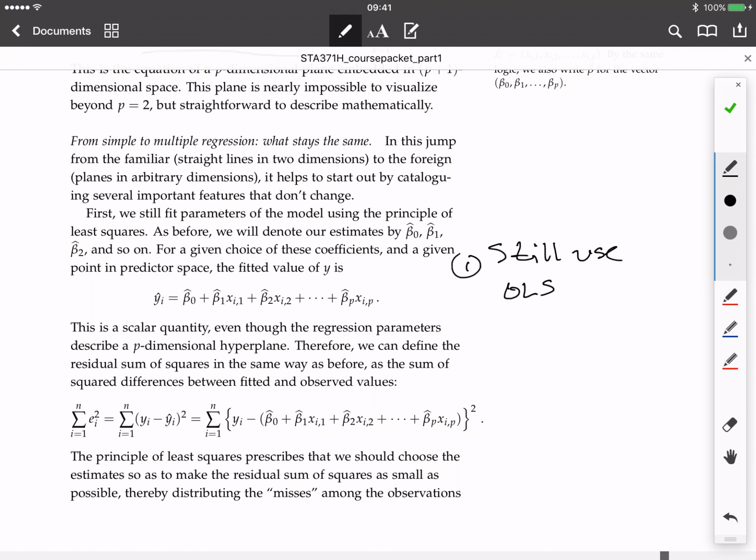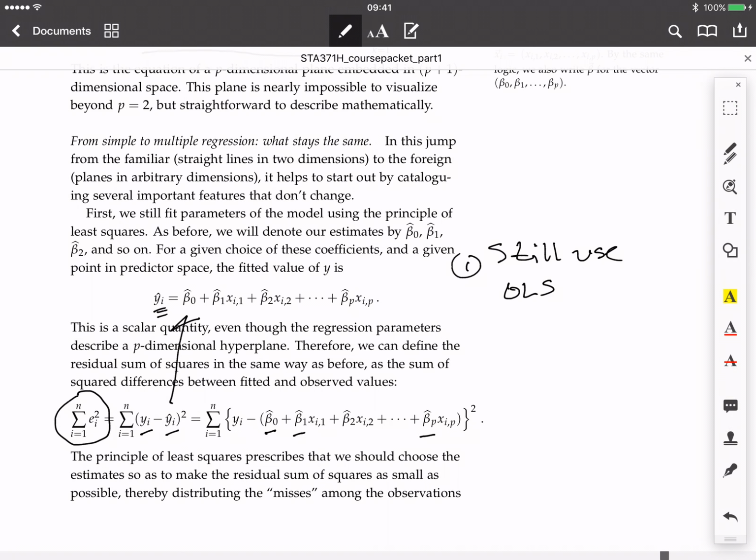That gives us fitted values, y hat i, and our goal is to sum up the errors, the differences between the actual y variables and the fitted y variables described by this equation up here. You get the sum of squared errors, and the principle of least squares says that we should choose these parameters, beta naught hat, beta 1 hat, all the way up to beta p hat, the coefficient on the pth variable, in order to make this quantity, the sum of squared errors, as small as possible.